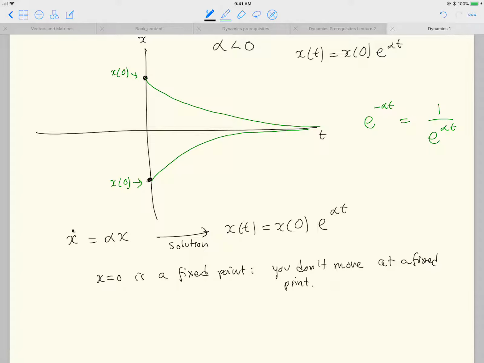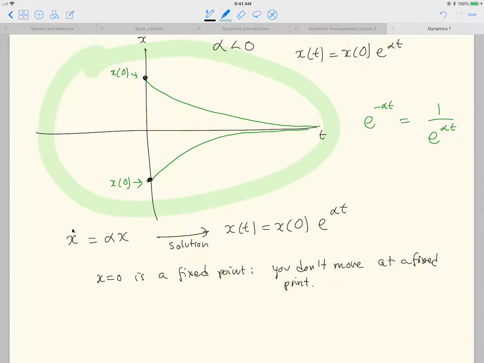But now imagine that there were a little bit of noise. So x equals 0 is a fixed point. If you're there, you stay there. But now imagine that there's a little bit of noise. And in real systems, there always is a little bit of noise, even if it's just thermal noise. If there's a little bit of noise, and you move a little bit away from x equals 0, what happens if alpha is negative? So if alpha is negative, we're in the situation that we drew here, right?